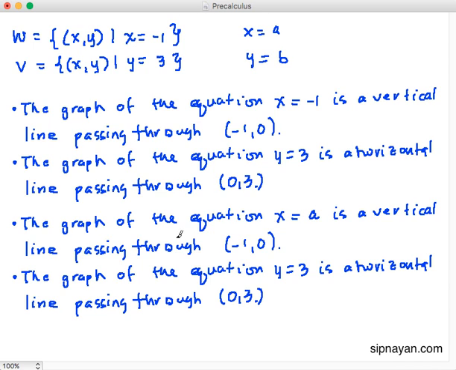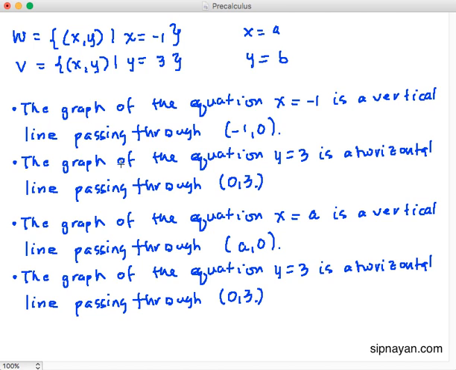The graph of the equation x equals a is a vertical line passing through (a, 0), whatever the value of a. So if a is 5, so x equals 5, it passes through (5, 0). If x is 100, it's (100, 0). If x is negative 1,000, it's (-1,000, 0).